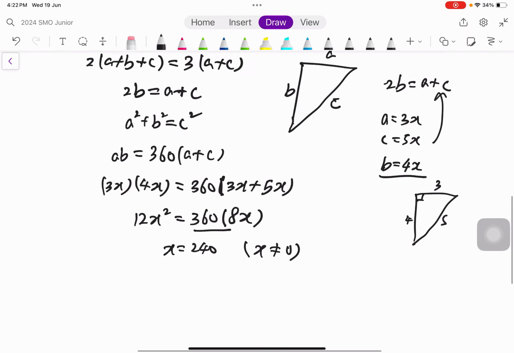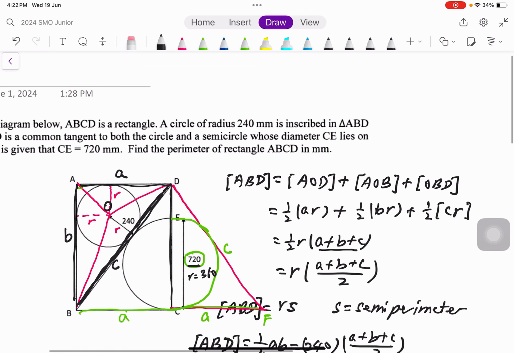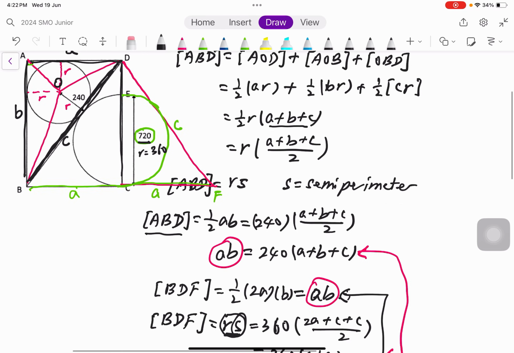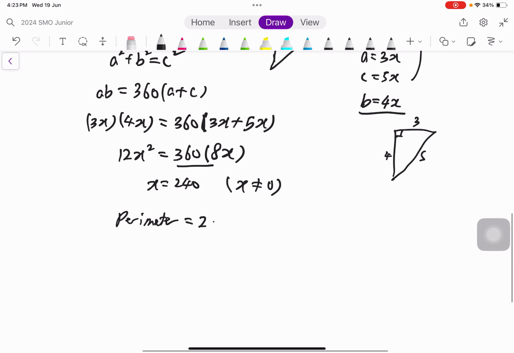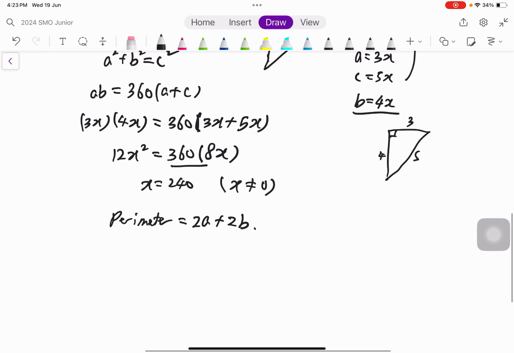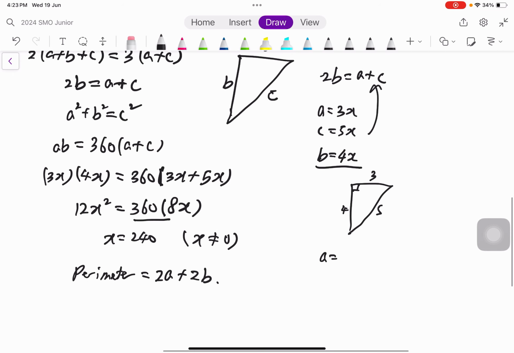Therefore, the perimeter. What is the question asking for? The perimeter of the triangle. Therefore, perimeter is equal to what? Is equal to 2A plus 2B. All right. And now I got the x. That means my A is 3 times 240.